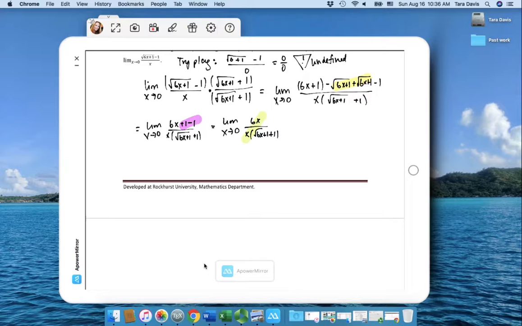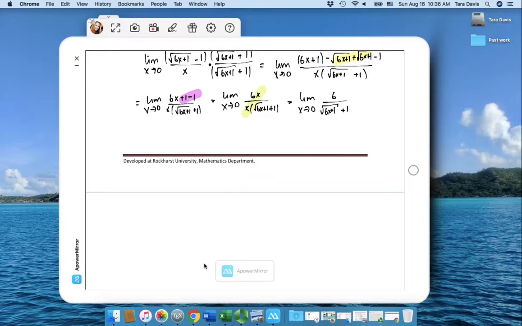So I can safely cancel that. There's no addition, which would cause this to be illegal. And this is a good cancellation because the x equals 0 in the denominator was part of what was causing my problem. So now I have the limit as x approaches 0 of 6 over the square root of 6x plus 1, plus 1. So now that I've simplified it, I can try to plug in again.